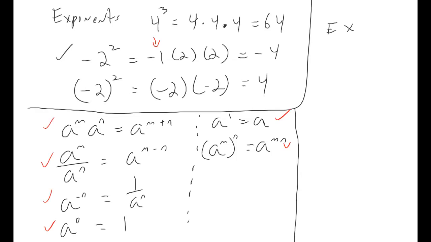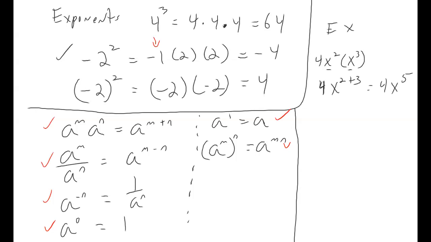So some examples that are very similar. If I have 4x squared, and I'm timesing that by x cubed, well, that just equals 4, because it's all by itself in the front. The same base of my x's, so I just add the powers. So that equals 4x to the 5th.